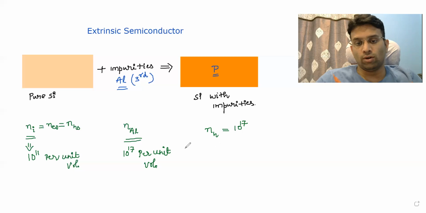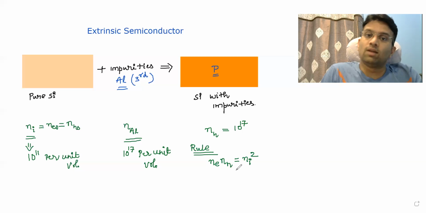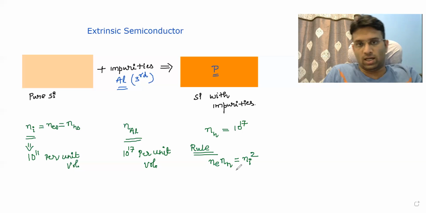So we have a rule. The rule says that whether it is intrinsic or extrinsic, any semiconductor, the number of electrons and number of holes when multiplied shall always be equal to Ni square, where Ni is the number of intrinsic carriers in the original semiconductor.